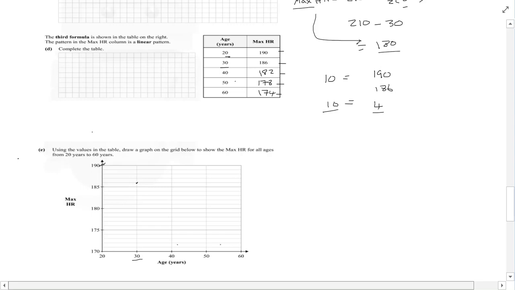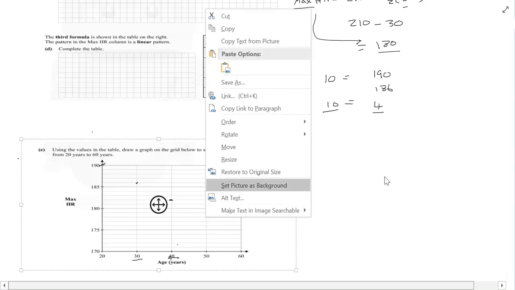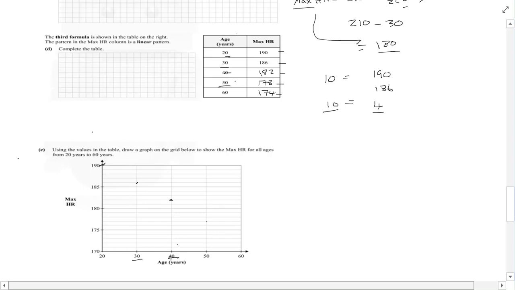When we're at 40, so 40 is here, we look along the bottom, and then we look at where we're on 182, so we're somewhere around here. So that's 40. Then 50, so 50 is here, so we're at 178, so 1, 2, 3, so we're about here.